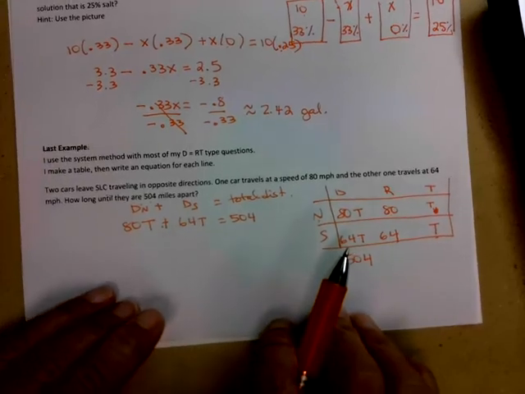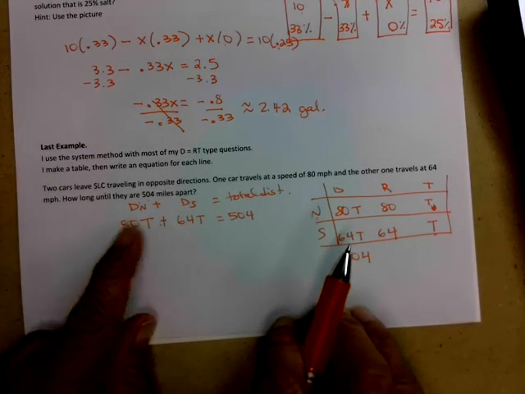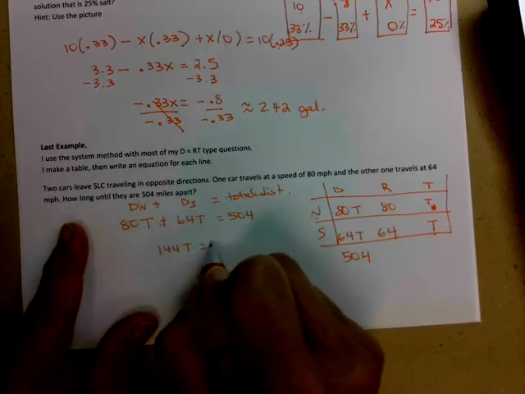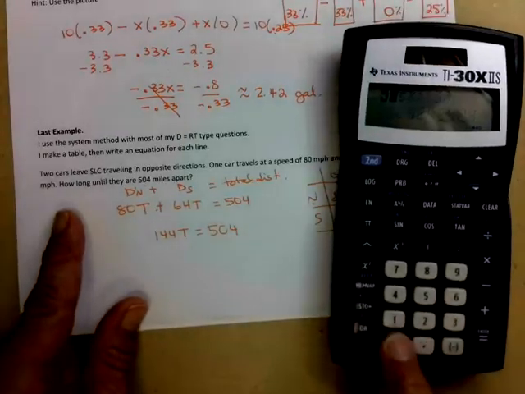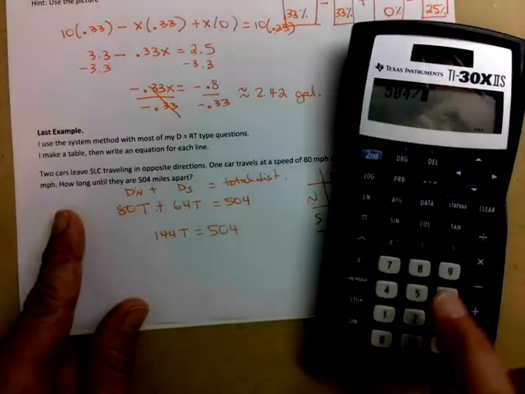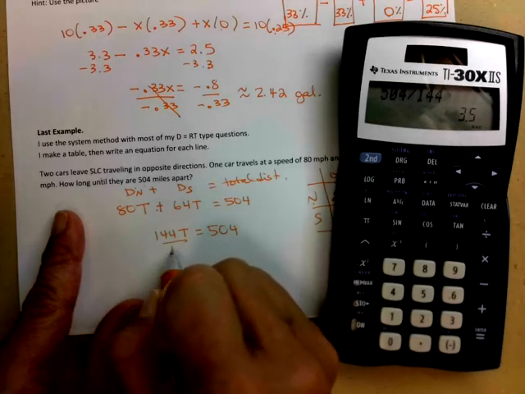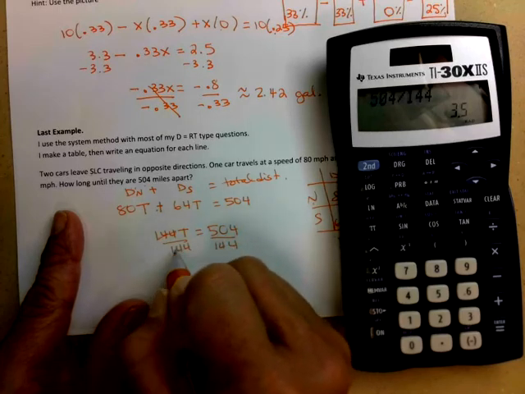Oh, so it is just one equation this time. So add those two together. What is that? 144t equals 504. So 504 divided by 144. Right? Divide both sides by 144 to get the t by itself.